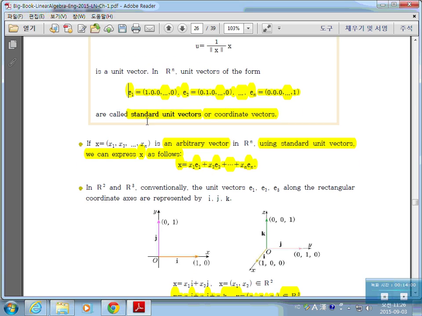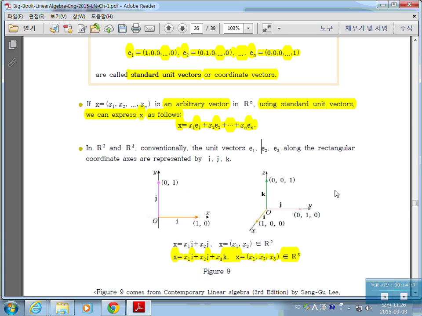With these standard unit vectors, any vector x like this can be written as a linear combination of these, whose coefficients are the components of the vector.